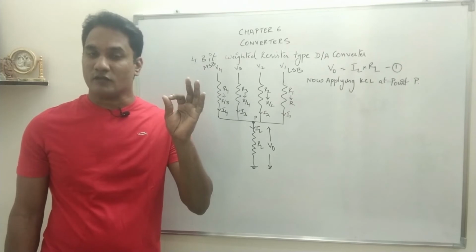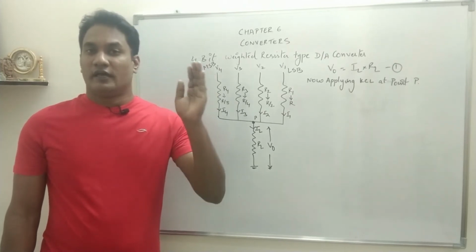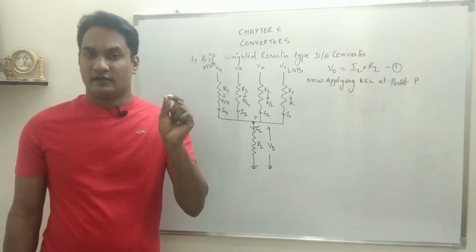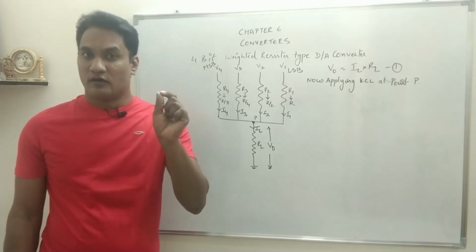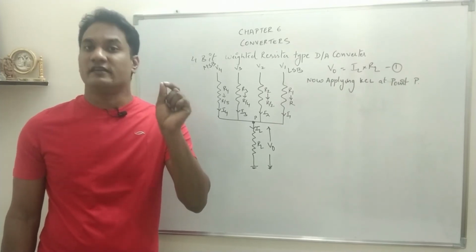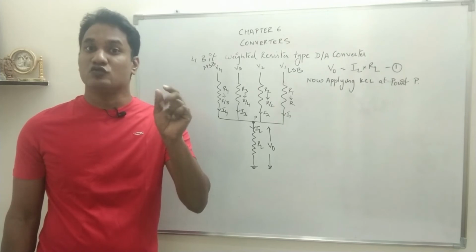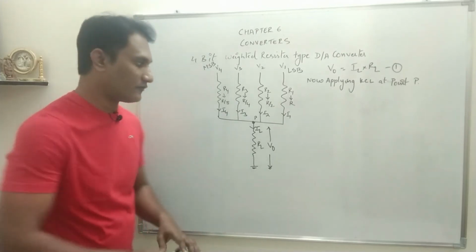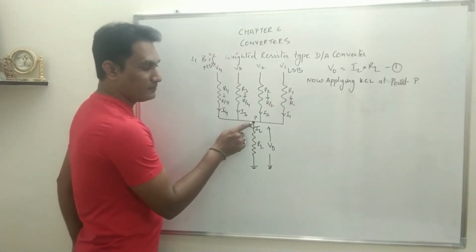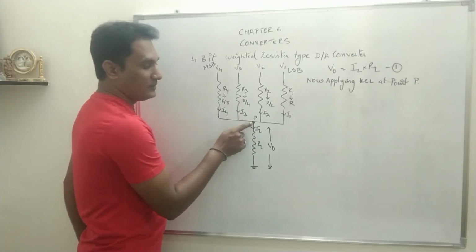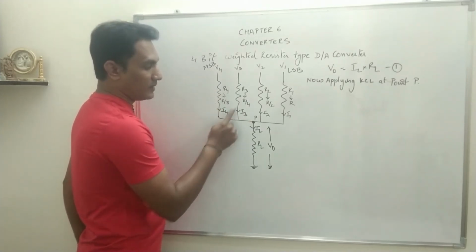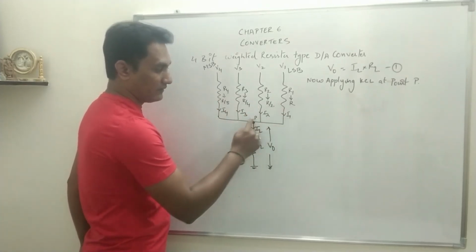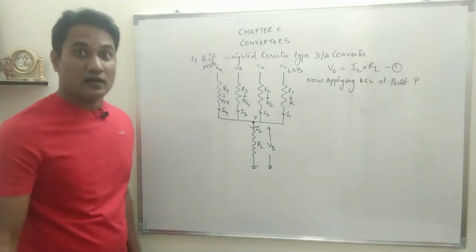KCL: in an electronic circuit, a node is a point where there are 2 or more branches. If you take this point as P, current is flowing from I4, I3, I2, I1, and it is flowing through IL also.